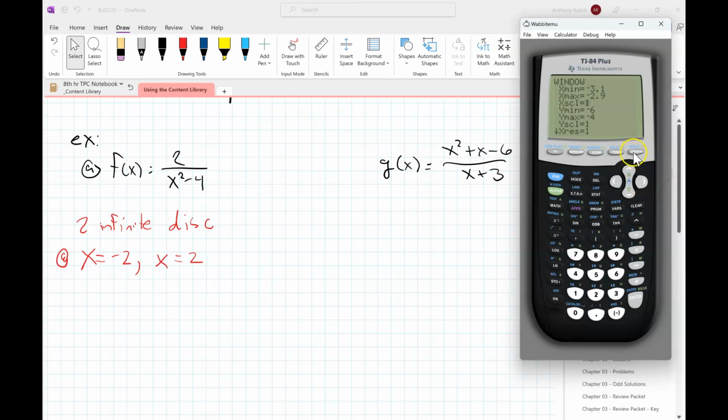Okay, let's go back and look at that picture again. What do we see right here? What do you see? A little tiny gap. What does that mean? That's a removable discontinuity, yeah.